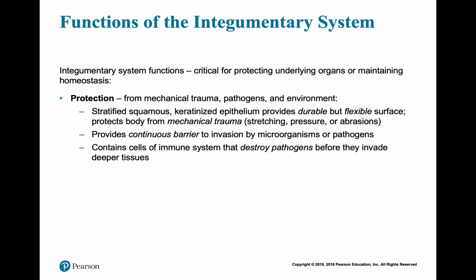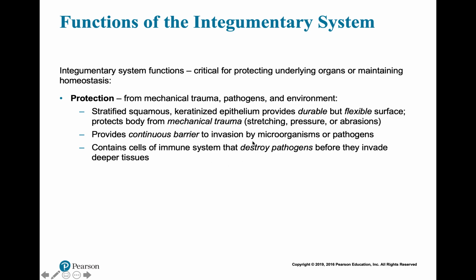And then the cells nearest the basement membrane, nearest the blood supply of the dermis, are very mitotically active, and they will undergo mitosis quite frequently and produce more epidermal cells, so that as they slough off or become damaged or die, more is constantly being made. All right? So it provides a durable, because of all of those layers, but yet somewhat flexible surface. We know that our skin is pretty flexible and that it provides protection.